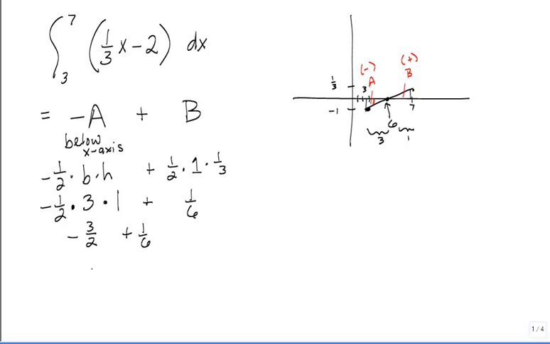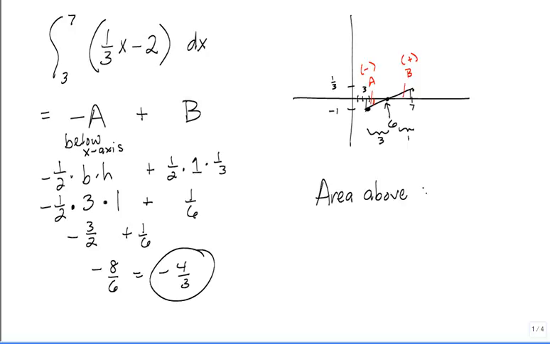So that's going to be minus 8/6, which is minus 4/3. So that just means the area below is bigger than the area above. So we do the area above the x-axis minus the area below. It's the net difference in area. So that integral should work out to be -4/3. So your integrals can be negative. All right, well, let's go back to Riemann sums.